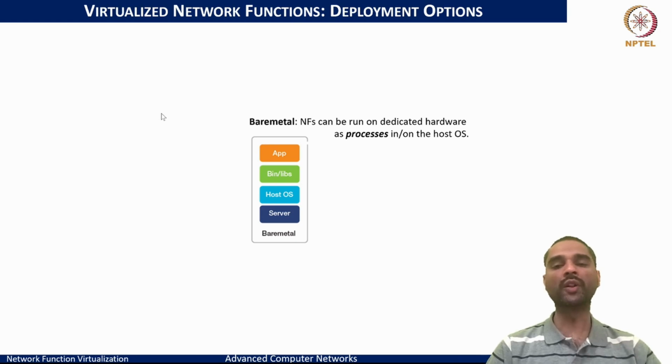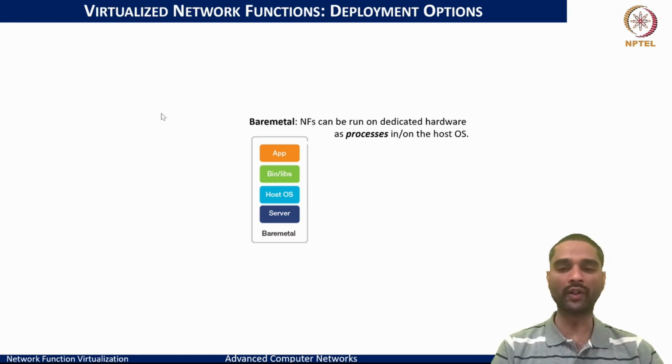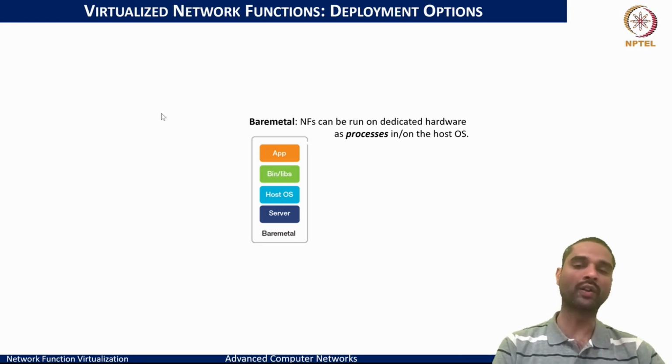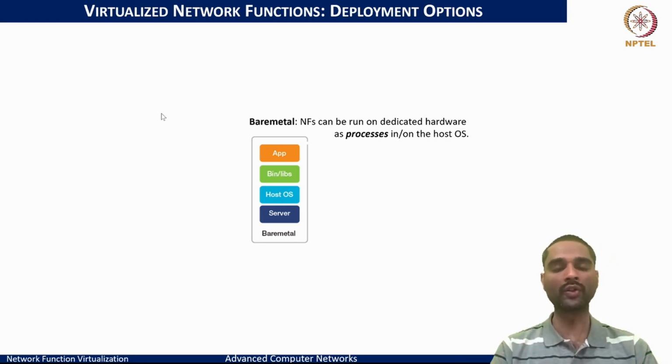So one of the simplest approaches would be to have a dedicated commodity server, which is running a server host OS and comes with the associated binaries and libraries, and we deploy the network function as a process that would run. So consider this as a Linux box, and I'm running an application like Quagga on top of this Linux box. That is one of the simplest implementations that we can have. So here we are running the network functions directly on top of the physical hardware.